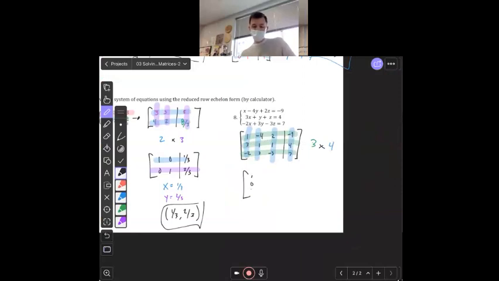So 1, 0, 0; 0, 1, 0; 0, 0, 1; and 1, 2, -1. So that means x equals 1, y equals 2, and z equals -1. So there would be our ordered triple.